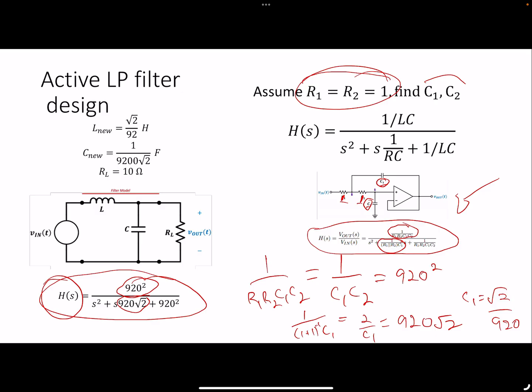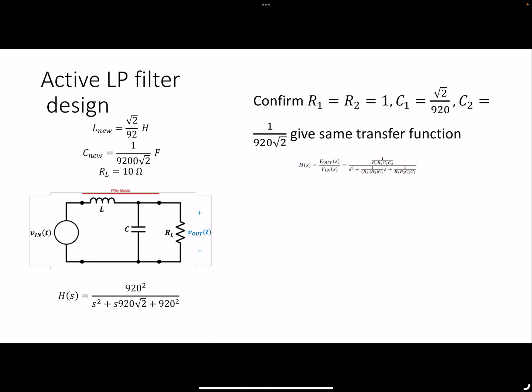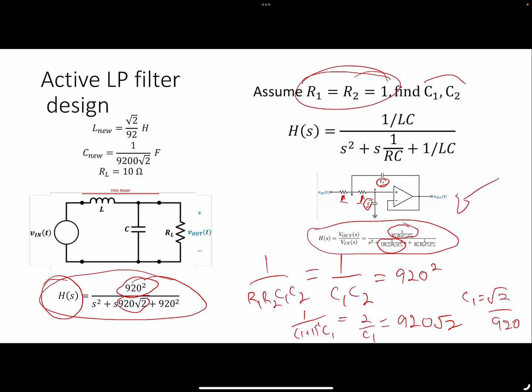Once we plug C1 back in to here, what would that tell us that C2 is? Basically, C2 would have to be 1 over 920 square root of 2, so that when I multiply them together, I get 920 squared. Does this make sense to everyone?